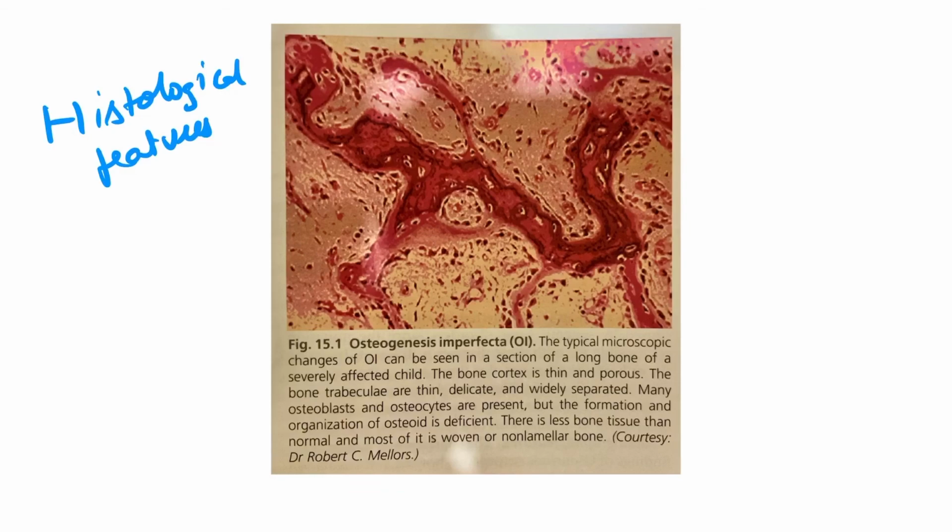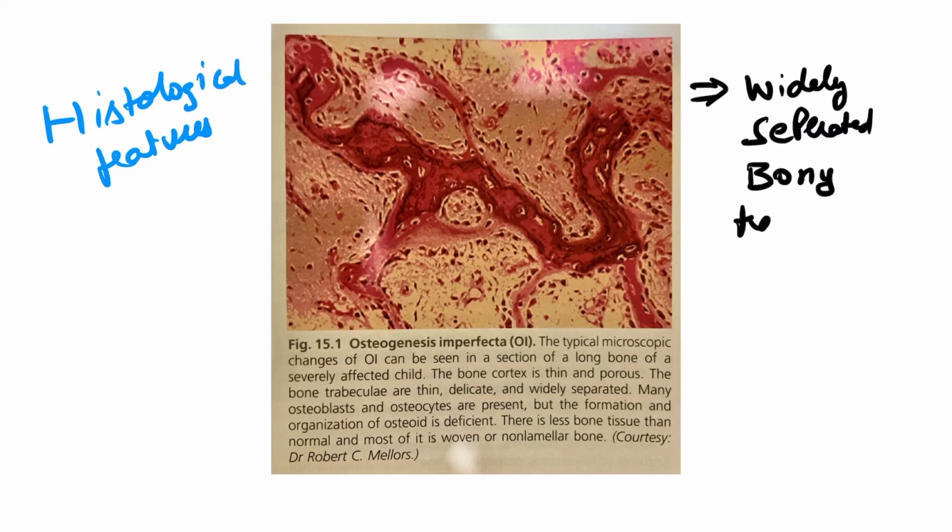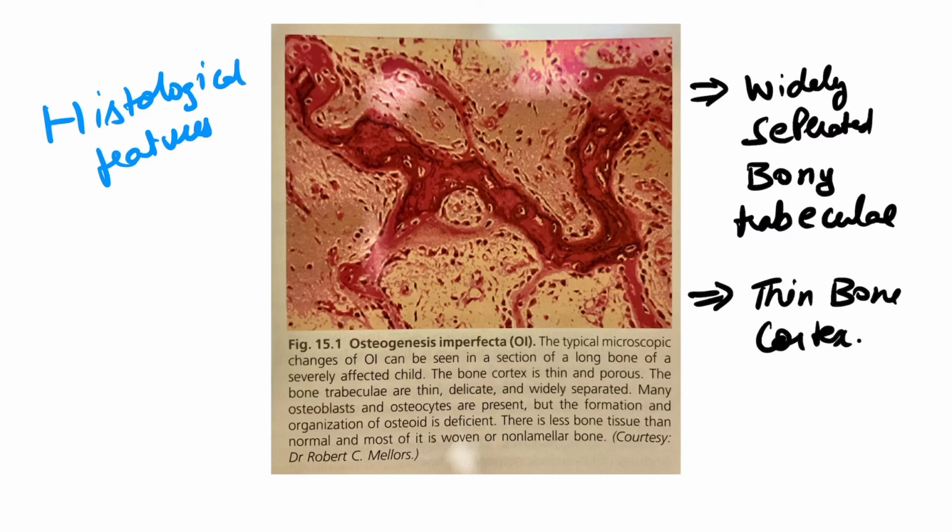These two, widely separated bony trabeculae and thin bone cortex, are the histological features of osteogenesis imperfecta. Now that's it. Now we'll move on to the next one.